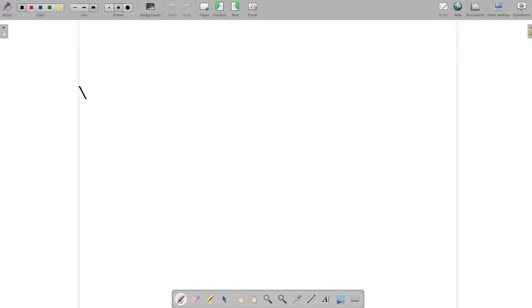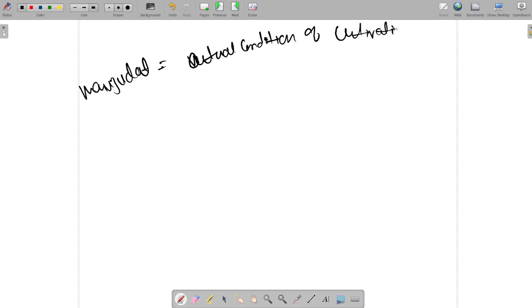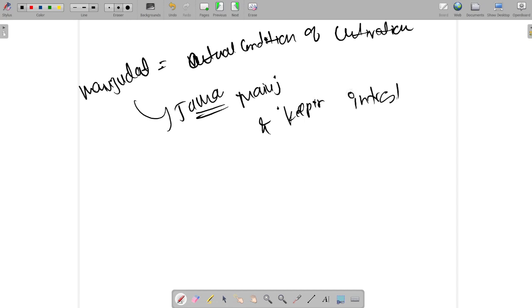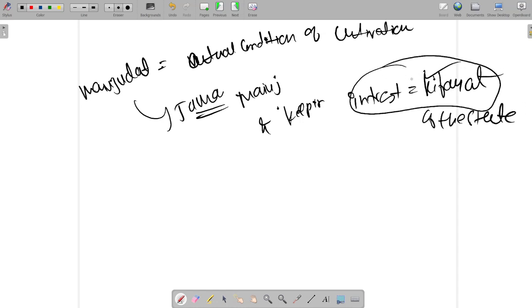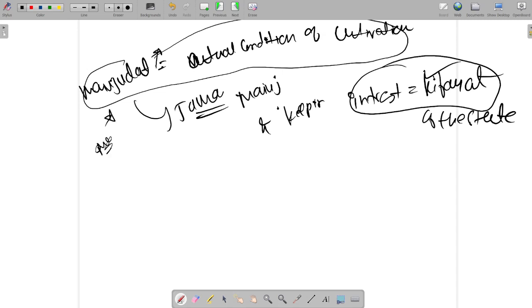Guys, the term maujudat means the actual condition of cultivation. Jama was calculated on the basis of maujudat, keeping separate the interest, that is kifayat, of the state. This term is mentioned as it is. Remember it, guys. Please remember it, because these can be asked anytime.